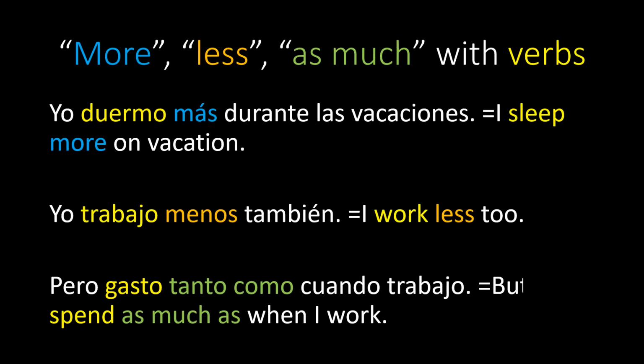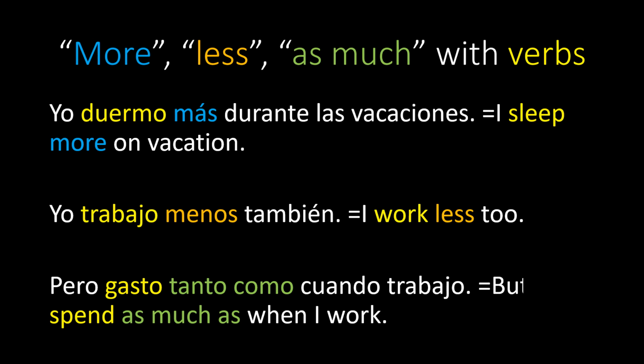You don't always have to have an adjective, an adverb, or a noun to make comparisons. You can also compare verbs. In this example, the verbs are written in yellow. Let's look at the first one. Yo duermo más durante las vacaciones. Notice that the amount that I sleep during vacations is more. Yo duermo más.